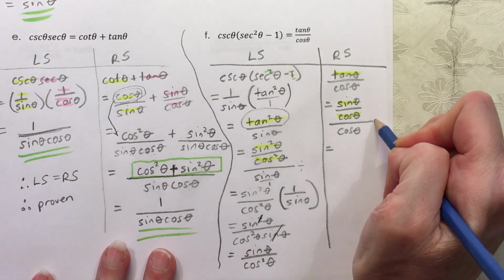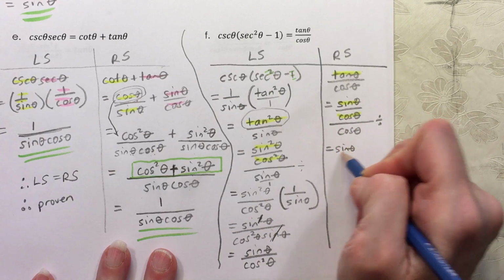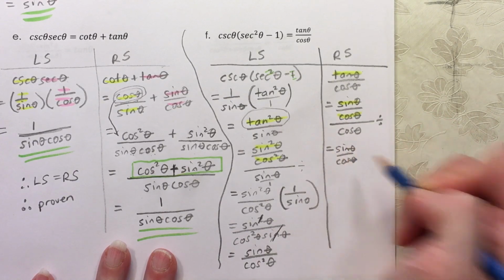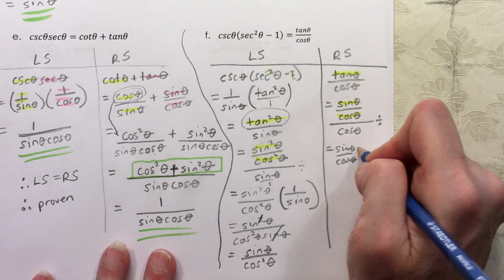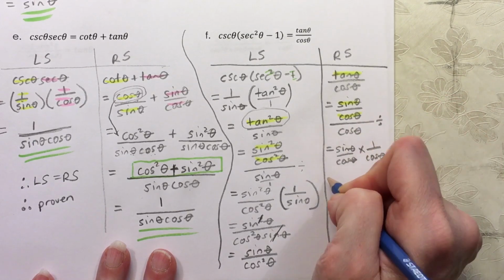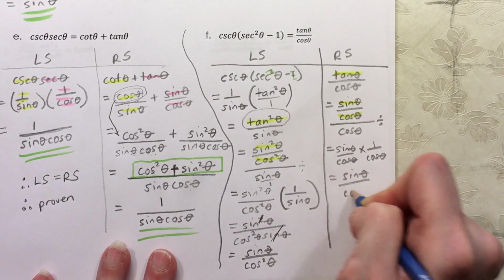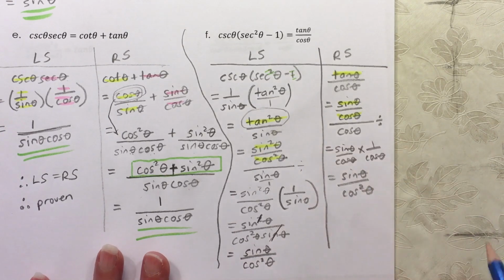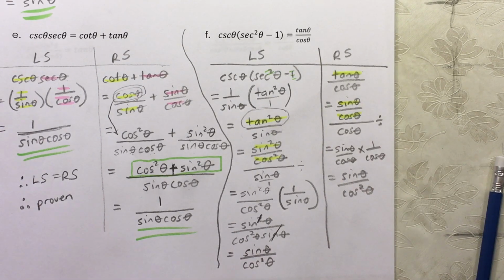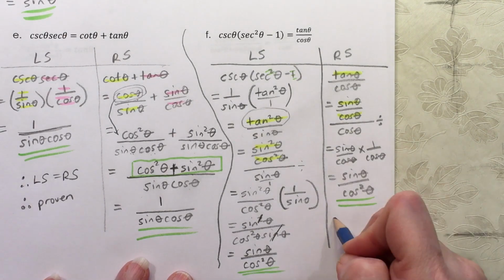And we know that divide is multiplying by the reciprocal, so sine theta over cos theta times the reciprocal of cos theta, which is 1 over cos theta. Multiply the numerators together, denominators together, and we come up with the sine theta over cos squared theta again. So we've shown that both sides are the same.